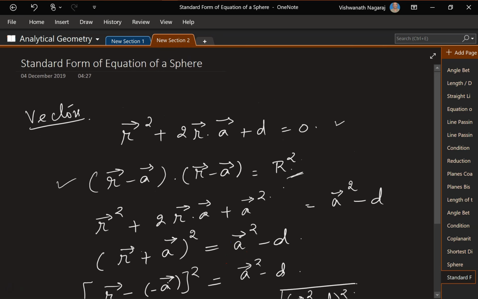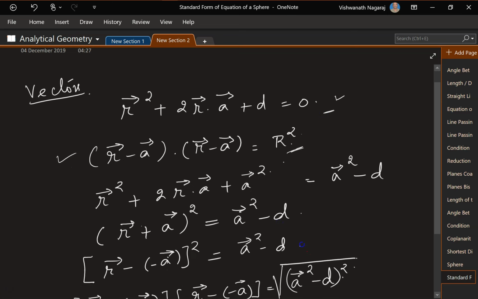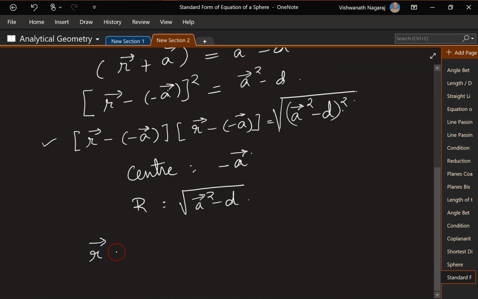So this is the standard form of the sphere. We have shown that this is equivalent to this. So r square plus 2r dot a plus d equal to 0 is the vector form of the standard equation.